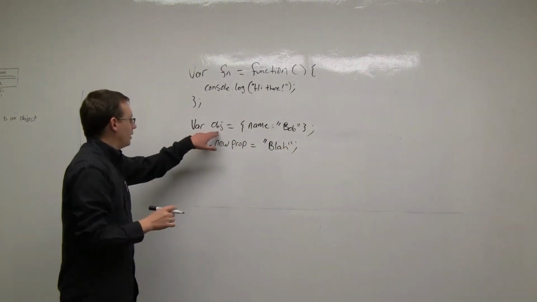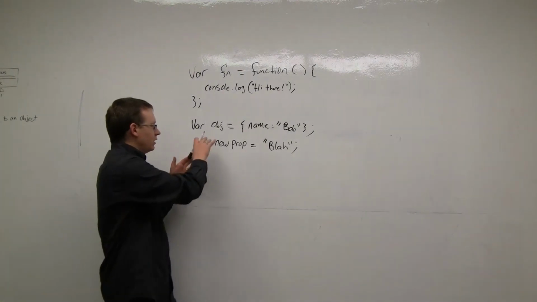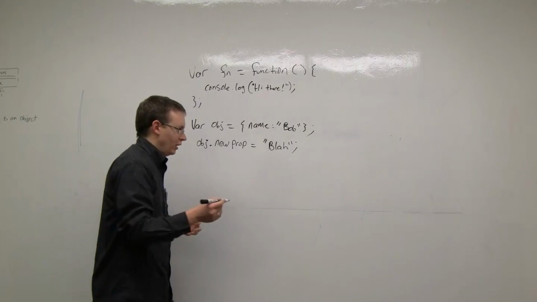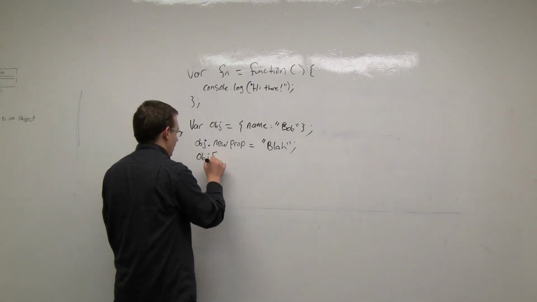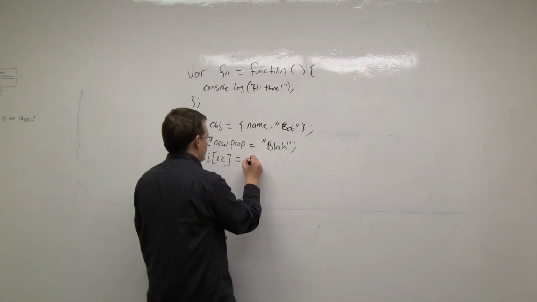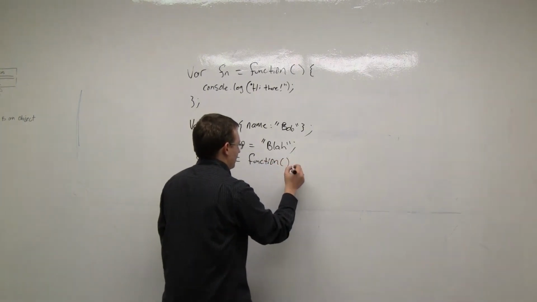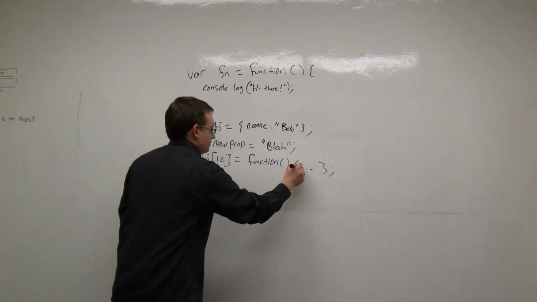Now my obj has a new property called blah, and I can fill it up with whatever I want. It's really the wild, wild west. You can even treat it like an array and say object bracket 12 equals function. There you go. Number 12 is a function on this object, and I can do whatever I want in there.